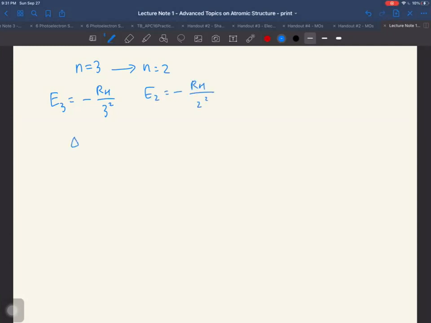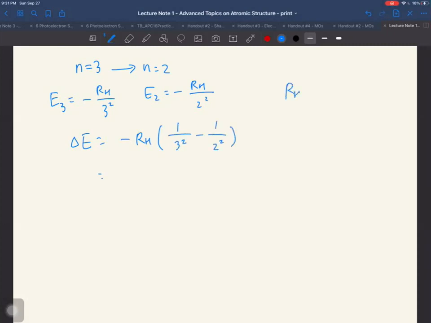So we can calculate the delta E should be, let's make it more accurate, equals negative RH times 1 over 3 square minus 1 over 2 square, right?